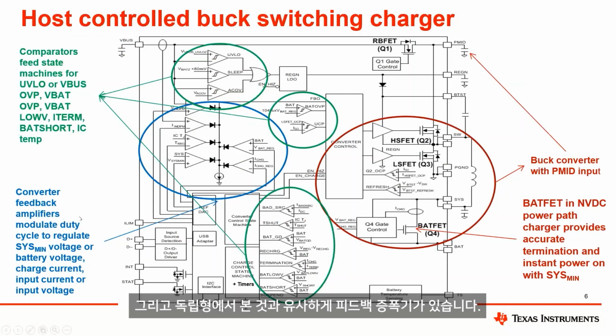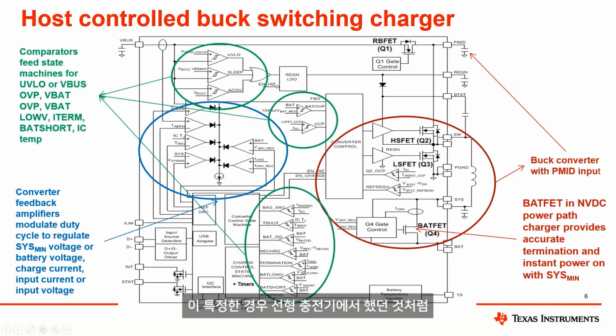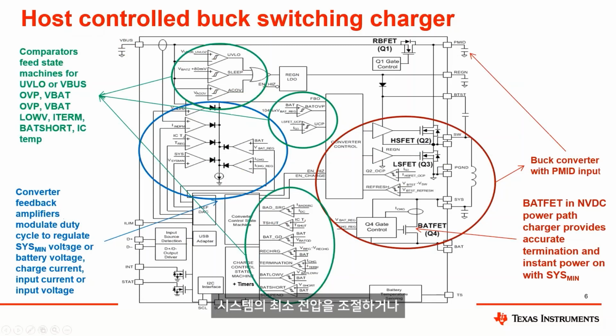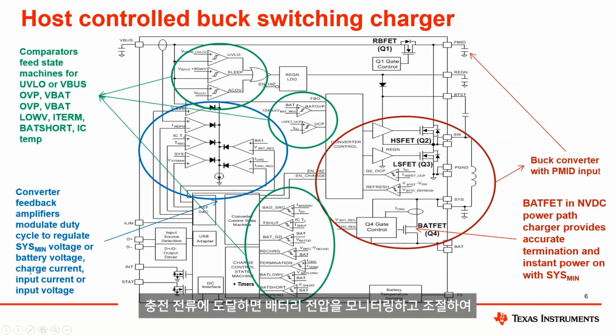In this particular case, instead of modulating the gate of a pass element like we did on the linear charger, we modulate the duty cycle of the PWM modulator to regulate either the system minimum voltage if the battery is too low, or the battery voltage once we get to constant voltage regulation, or charge current.